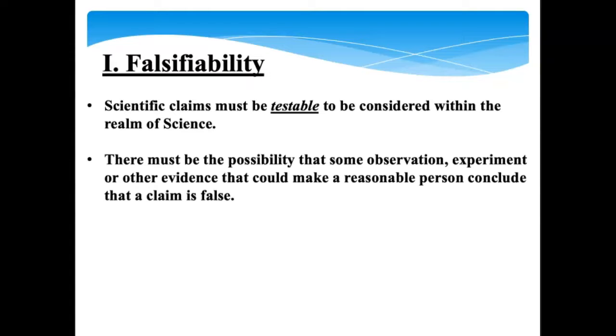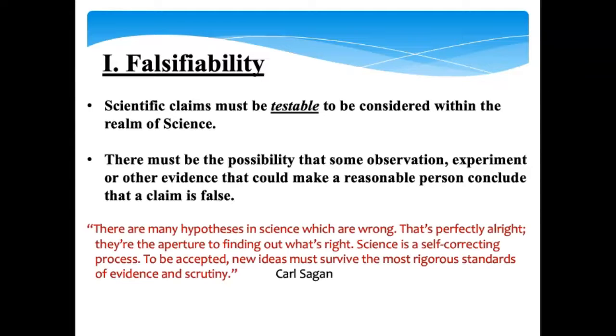Another important thing about falsifiability is that there must be the possibility that some observation, experiment, or other evidence could make a reasonable person conclude that a claim is false. One of my favorite quotes is from Carl Sagan, who would always have this program where he'd say, "There's billions and billions of stars." But anyway, he was an astronomer.